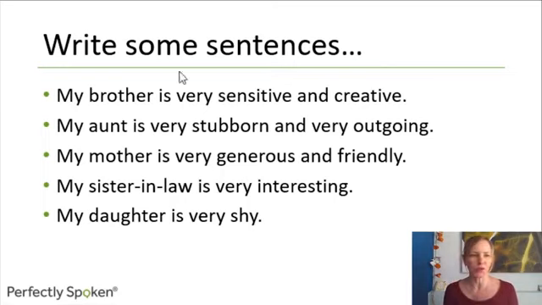Okay, so I want you to write some example sentences using people in your family and some personality adjectives. And remember, the sentences must be true. It's very easy to write something that's not true, but it's more difficult and more memorable.